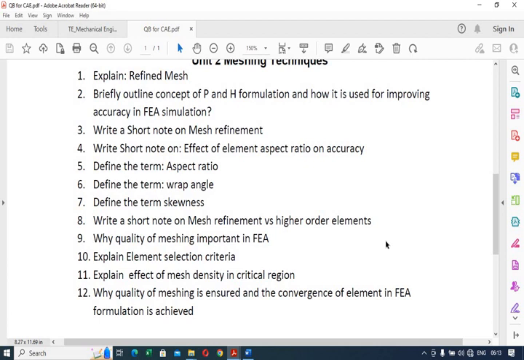Then next is, explain the effect of mesh density in critical regions. Critical regions, especially curved boundaries, or if a special feature of the geometry is there, in that case you can go for the mesh density, and it is definitely going to affect the result of your analysis.